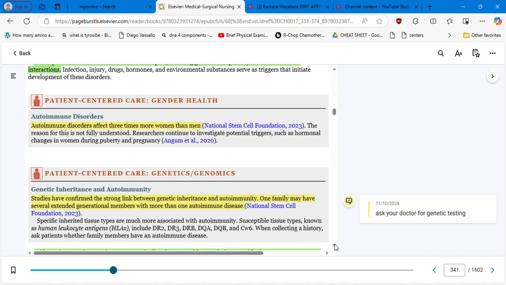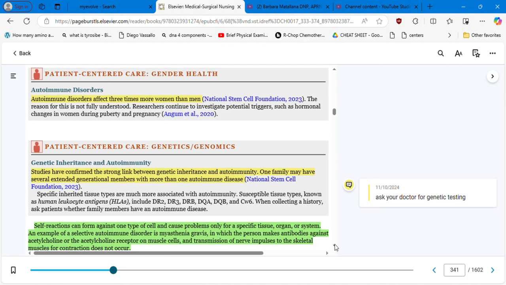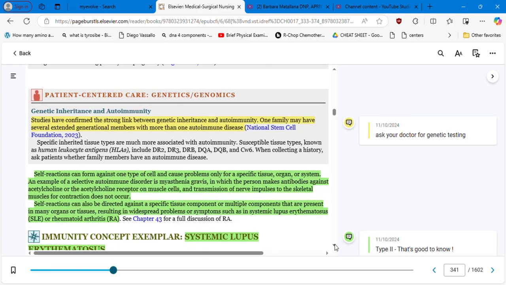So patient-centered care, gender health: autoimmune disorders affect 3 times more women than men. And then the genetics: genomics studies have confirmed that a strong link between genetic inheritance and autoimmunity is present. One family may have several extended generational members with more than one autoimmune disease. So basically, once you have one autoimmune disease, you're going to develop another one.